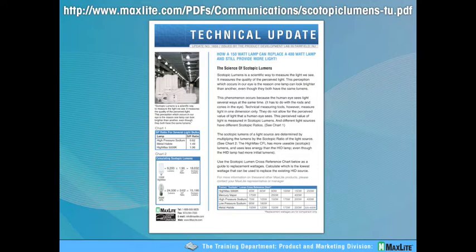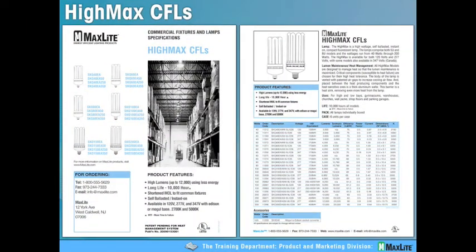We use HiMax as an example in this piece, but it applies equally to other lamps that have similar or higher CRI and similar or cooler Kelvin temperatures, such as 850 T8 lamps. Some of the products that MaxLite has been very successful with through distribution, thank you all, using scotopics, are all designed for scotopic visual effect.